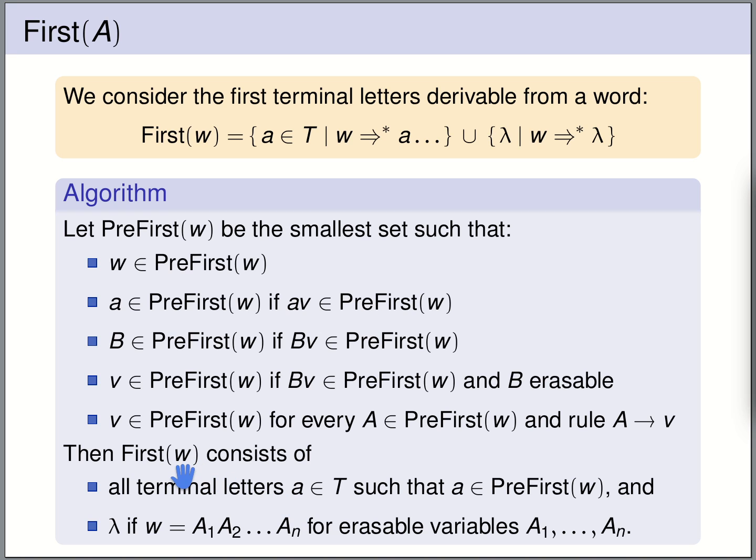So only if W itself rewrites to lambda. In pre-first of W, we may have lambda for a different reason, because here we are also taking, for instance, variables that are the first letter of a word in pre-first. So it could be that this variable rewrites to lambda, but not the entire word W rewrites to lambda.